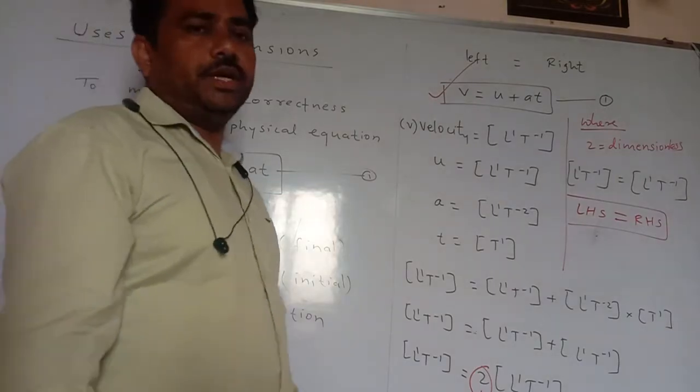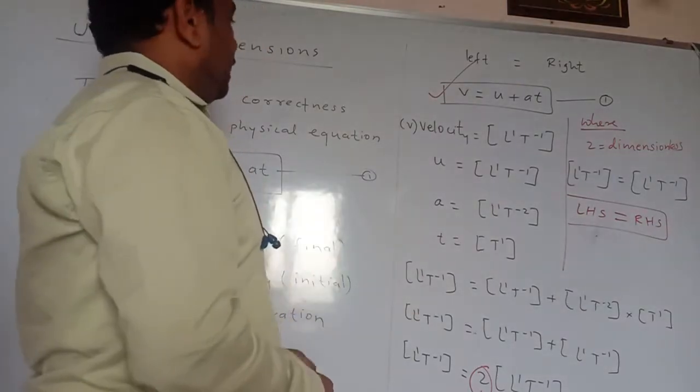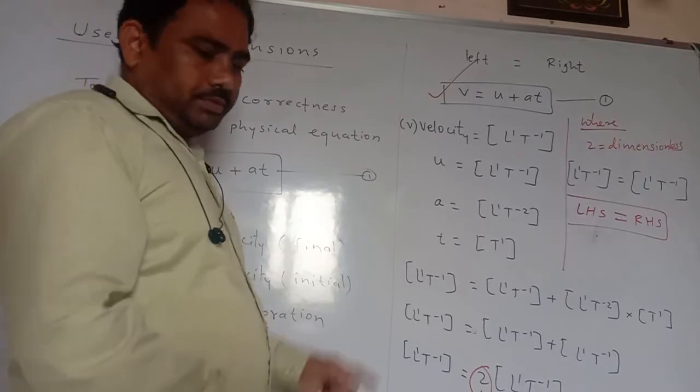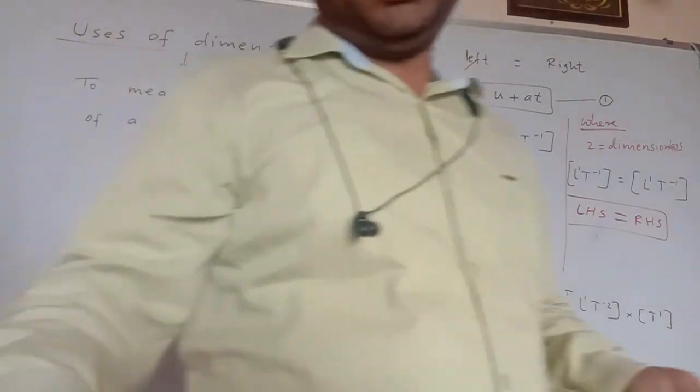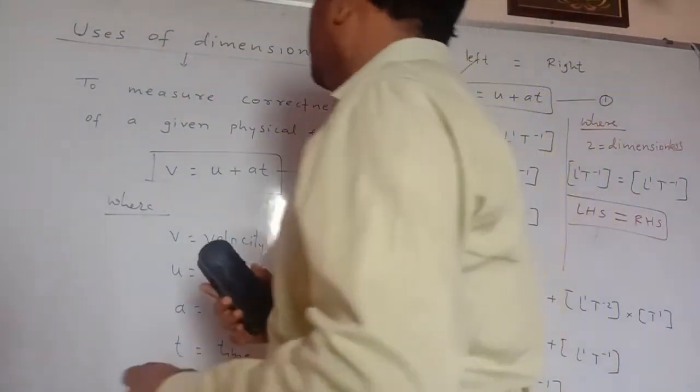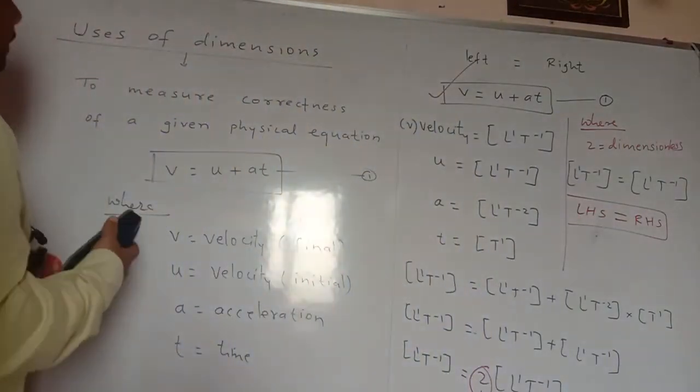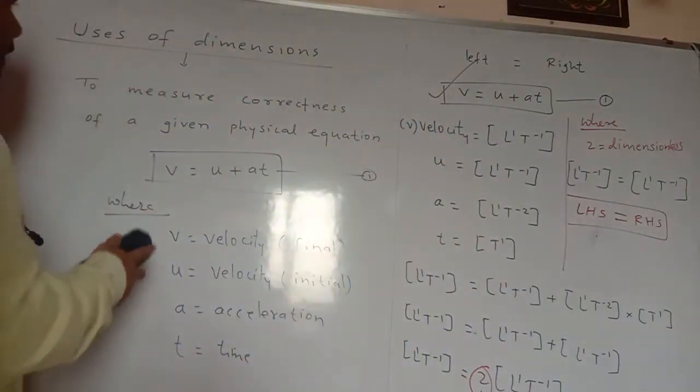Now similarly we can consider another equation. So this is the first equation of kinematics. Using the second equation also, you can prove it using dimensions. How can we prove that?